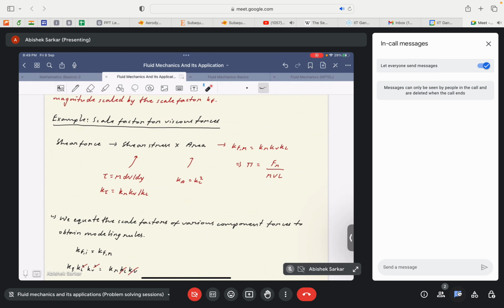So now, as an example, we'll see the scale for the viscous forces. Viscosity comes into manifestation in fluid flow problems as the shear stresses that act on the fluid.